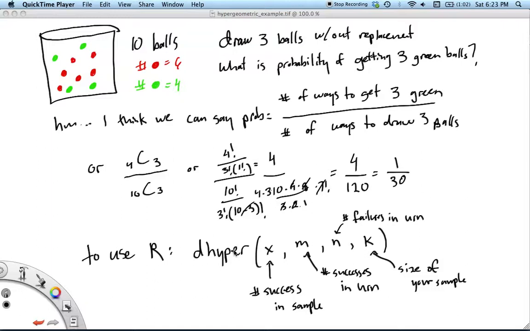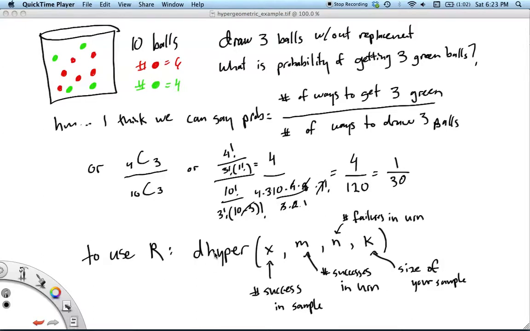Now you can use R to do this calculation for you, of course, and the most difficult thing to keep straight here is just what goes into what the arguments are of the d hyper function, and in what order.